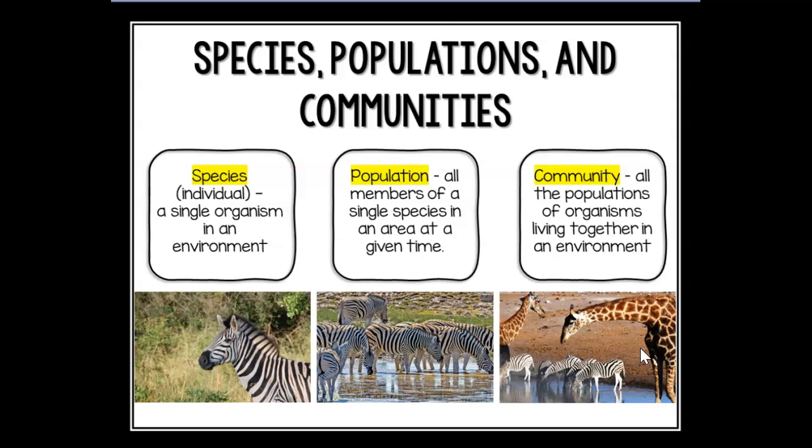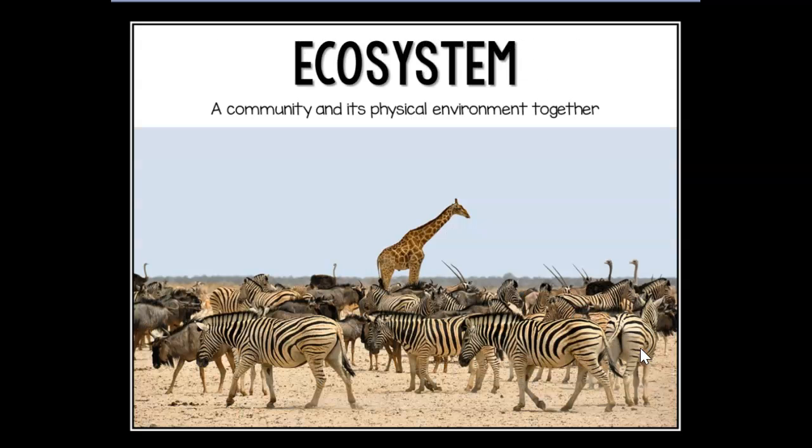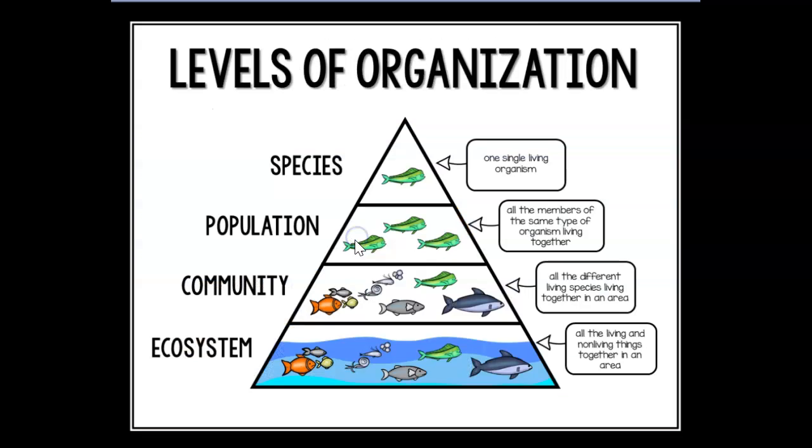It doesn't just have to be animals. And then the ecosystem is that community and its physical environment together, okay? So everything together, the giraffes, the zebras, the bison, the elk, whatever else is on here, and the land of the grasslands, that makes up that grasslands ecosystem.